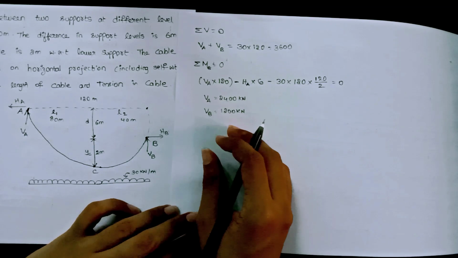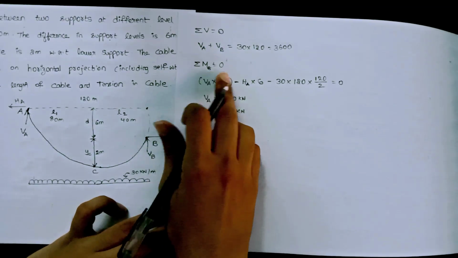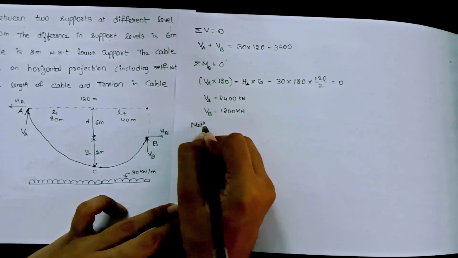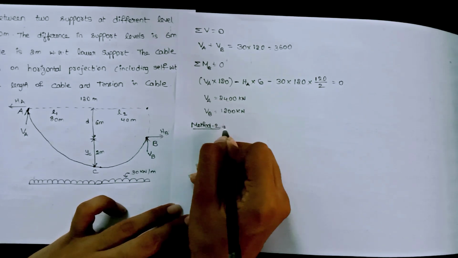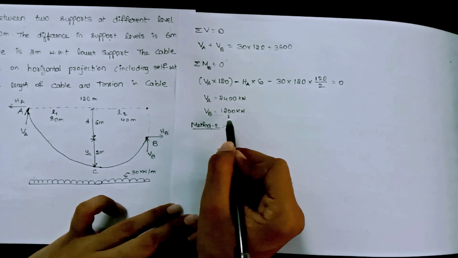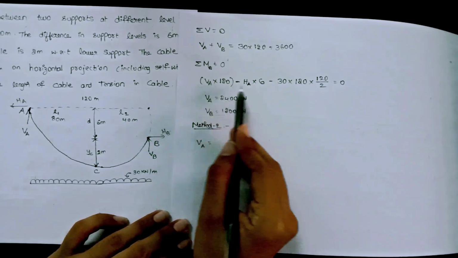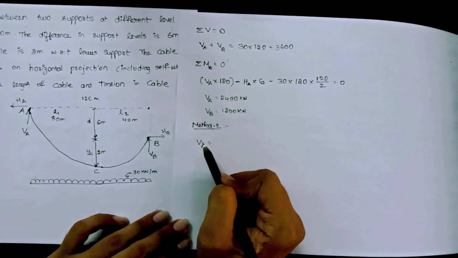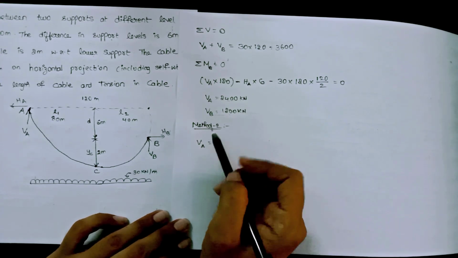So another simple way to calculate the moment, just second method I am explaining. This is just to calculate the vertical reactions at A and B. If you find it difficult in taking these moments, then this method will be very helpful to you.